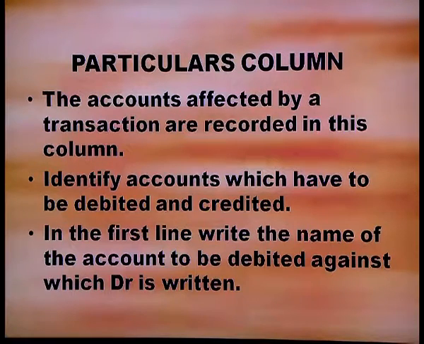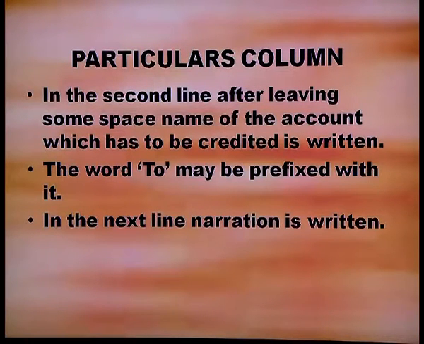In the second line, after leaving some space, the name of the account which has to be credited is written. The word 'To' may be prefixed with it. In the next line, narration is written, that is a brief explanation of the transaction.